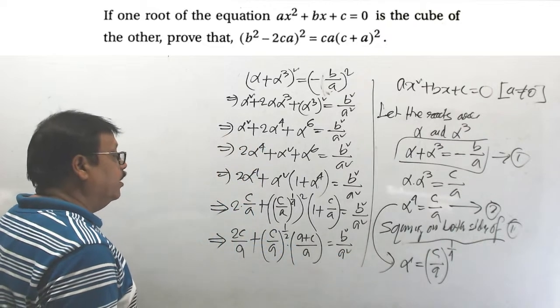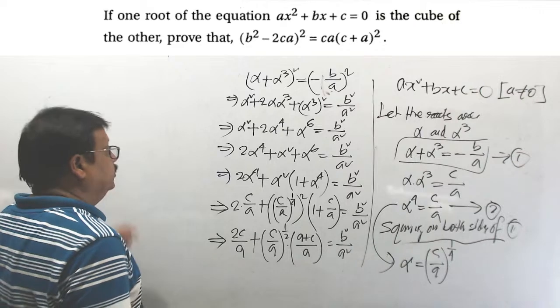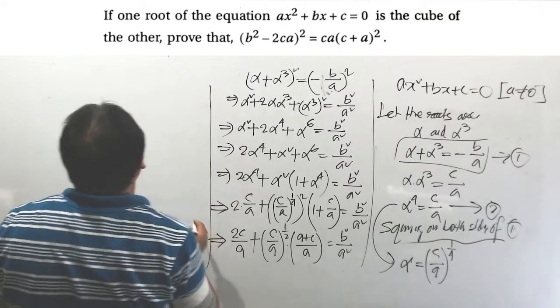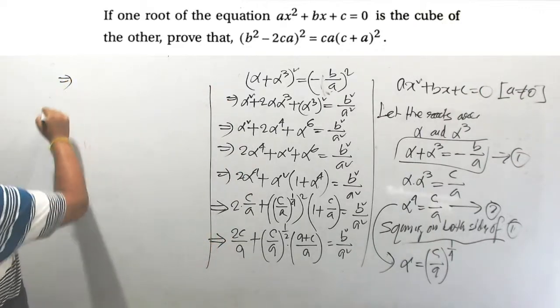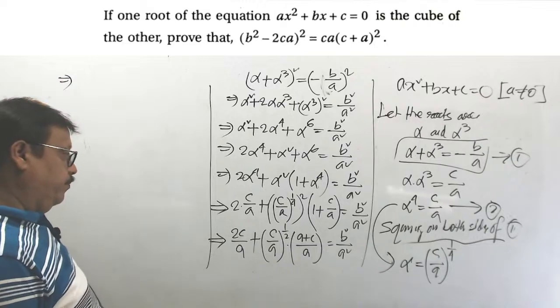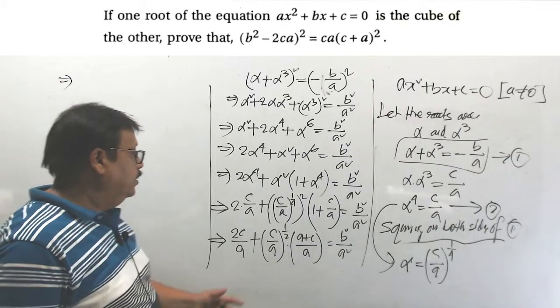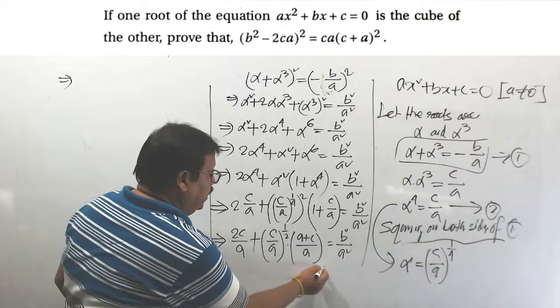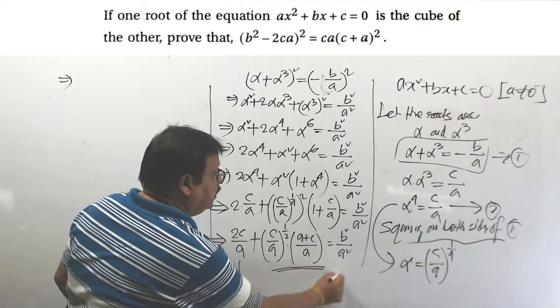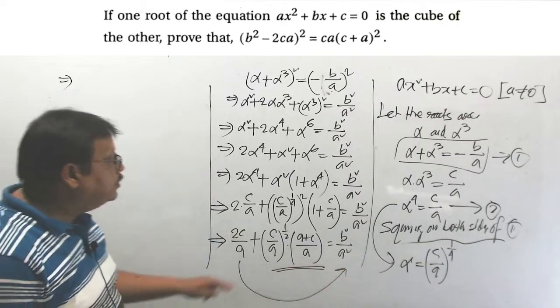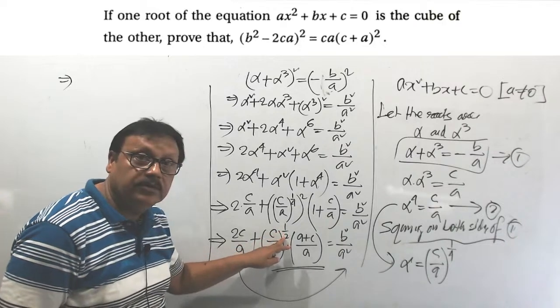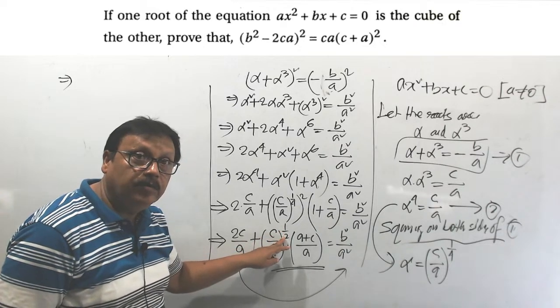Clear? Now what will you do? Come here. This implies, keep this portion in the left part and send this one to the right, because you have to remove the half power. How will you remove it? By squaring.